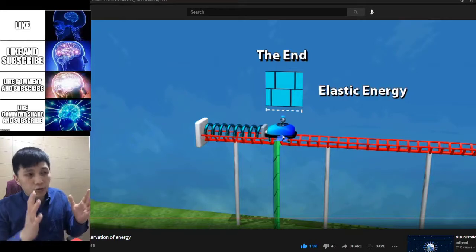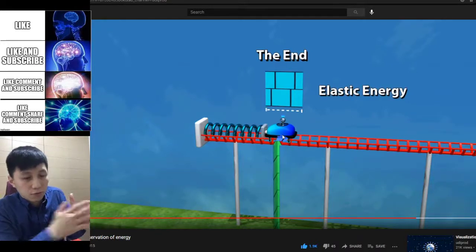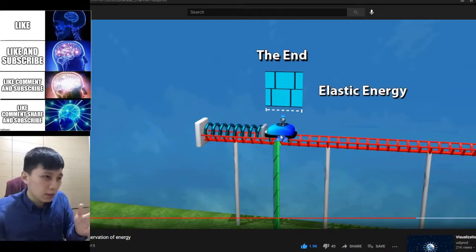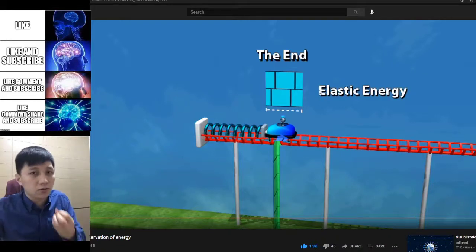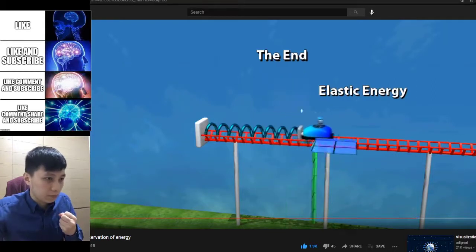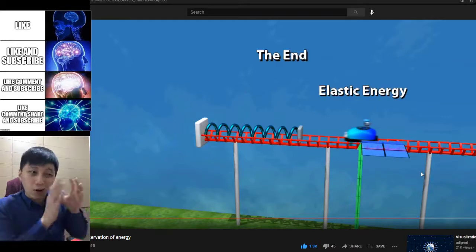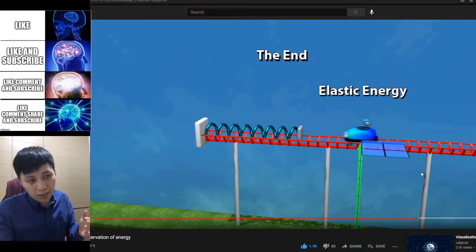Of course, you can't just stay there because the spring wants to bounce you back. So this elastic potential energy will convert back to KE with the same quantity, 4 grids, because according to this simulation, there's no other energy transformation other than between KE and elastic potential energy.